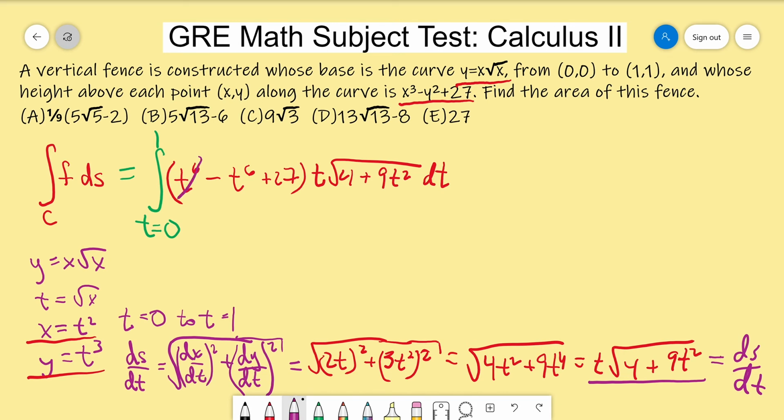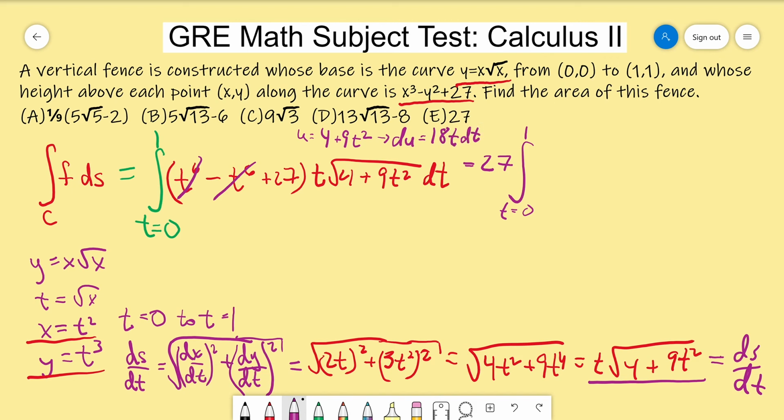Now, we're pretty lucky. This t to the 6th and minus t to the 6th are going to cancel out. 27 is just a constant, so that's going to come out in front. So we're going to get 27 times the integral from t equals 0 to 1. Now, I'm going to do a little substitution here. I'm going to say u is equal to 4 plus 9t squared, which means that du is equal to 18t dt.